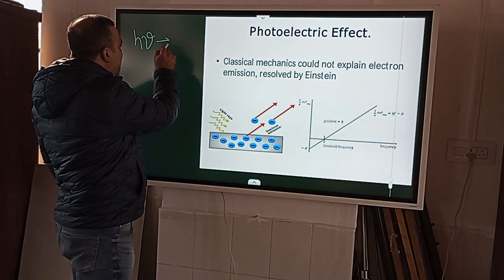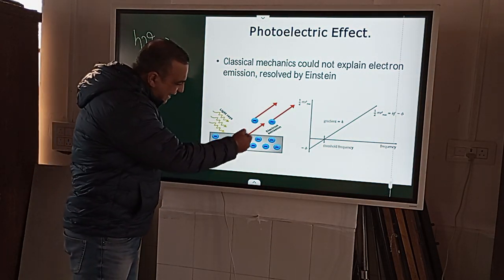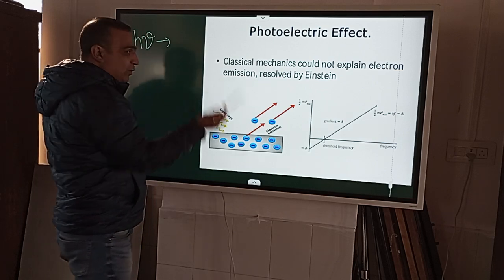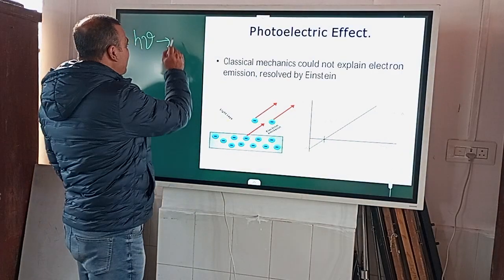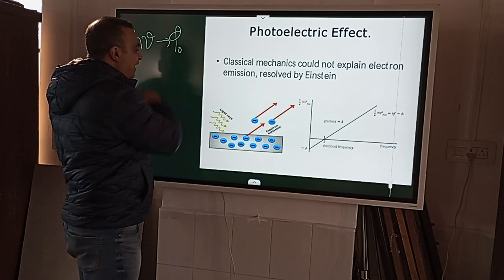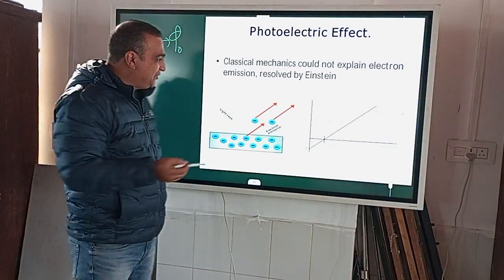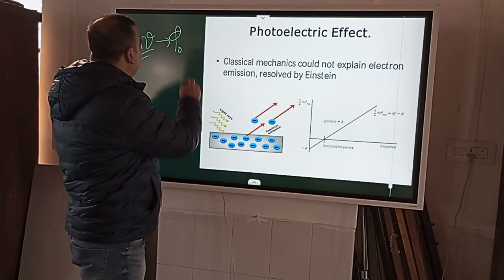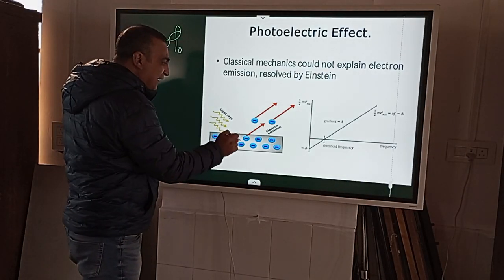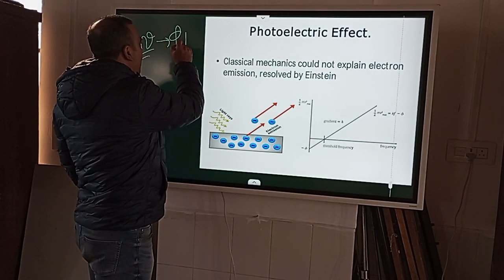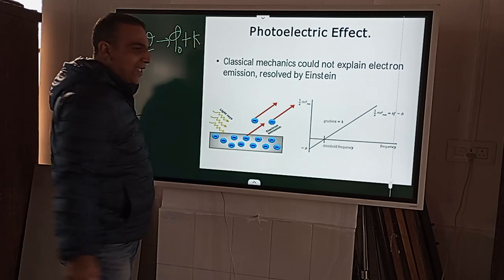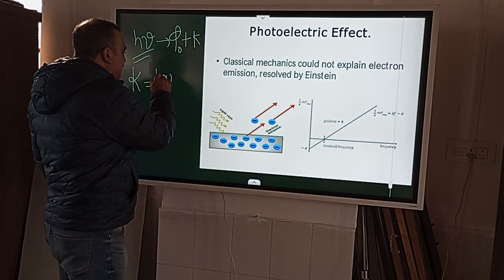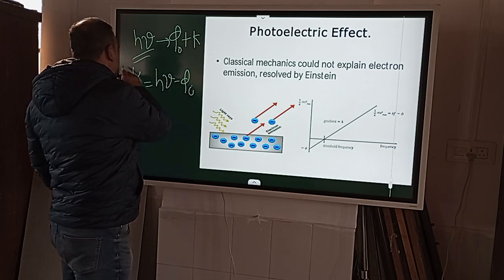A part of this energy is used to eject an electron from the photosensitive metal, and that is called the work function, which we represent as phi naught. The rest of the energy that the photon has, which is interacting with this electron, is given to the electron in the form of kinetic energy. And the kinetic energy of the electron can be written as h nu minus phi naught.